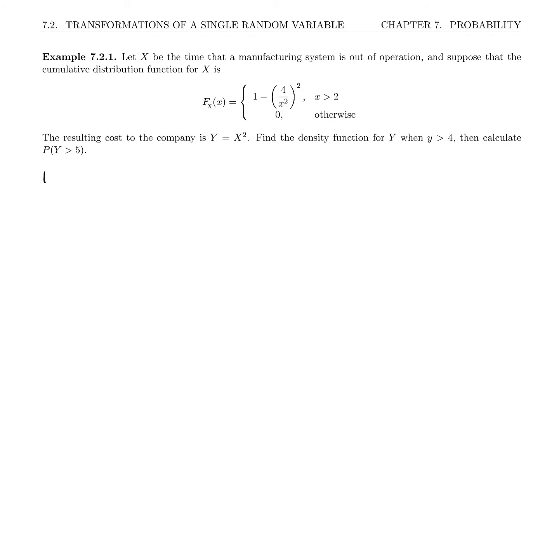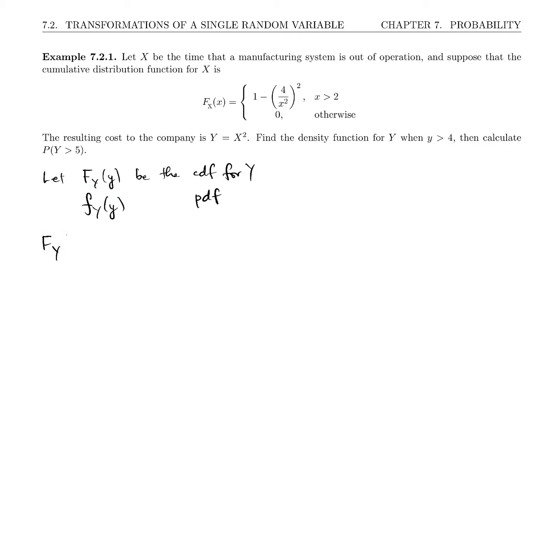So let us introduce some notation. Let capital F sub capital Y of y be the CDF for Y, and let little f sub Y of y be the PDF. Now it is little f that we are after. We're going to start with the CDF first though.